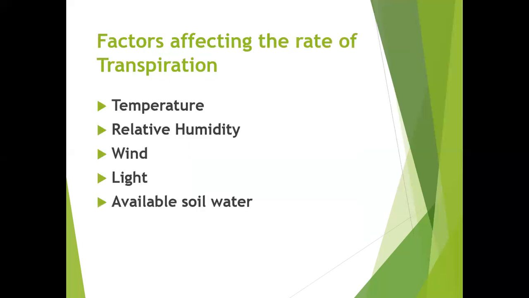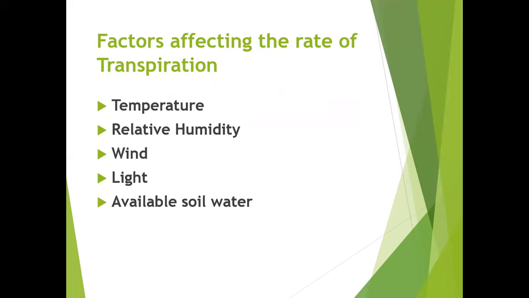Now the next is factors affecting the rate of transpiration. So these are temperature, relative humidity, wind, light, available soil water. So now we are going to discuss the first one, that is temperature.